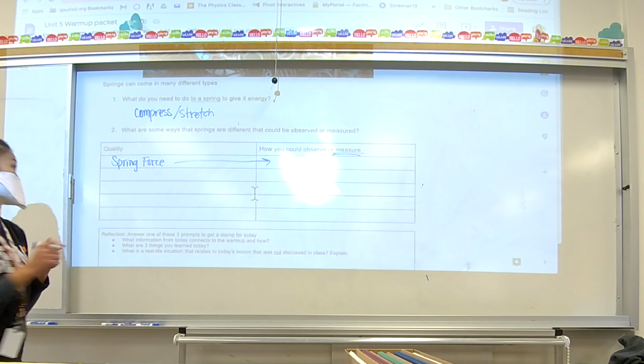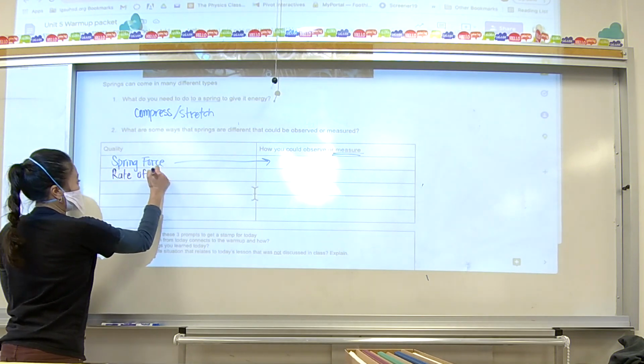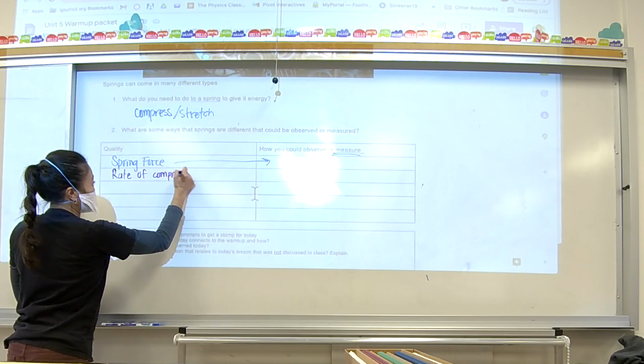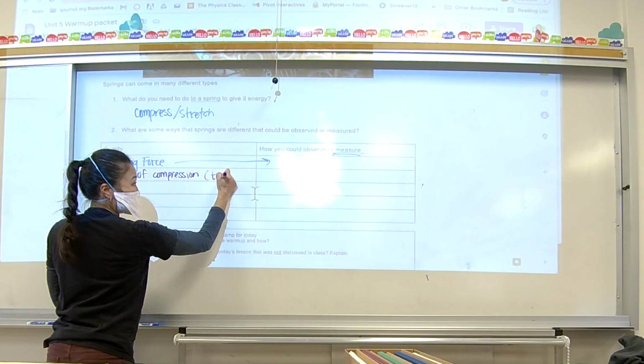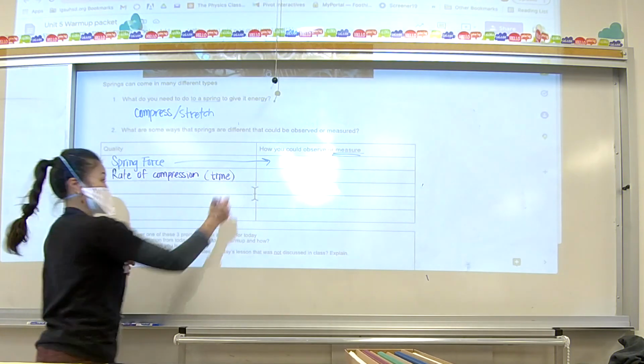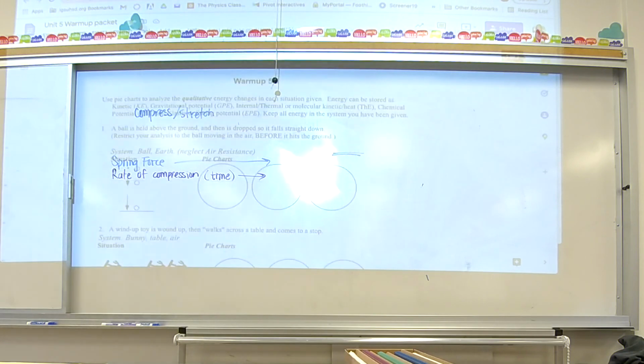Rate of compression. So this is like a time value, maybe? So that's measurable.